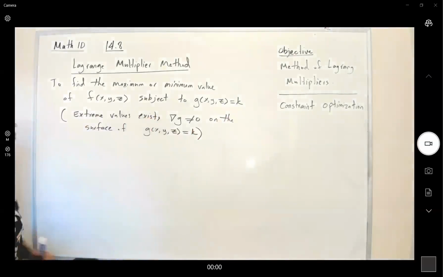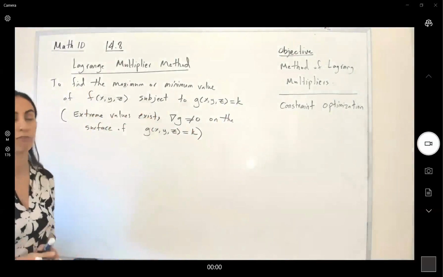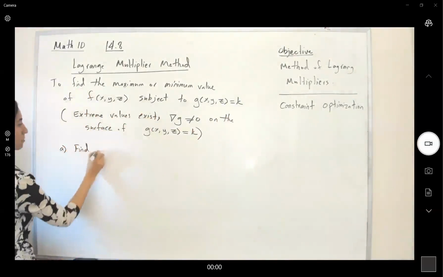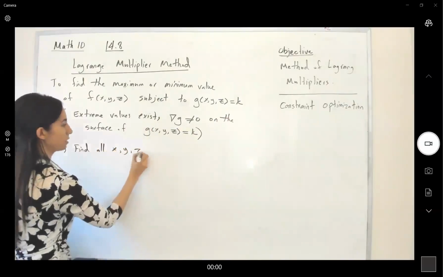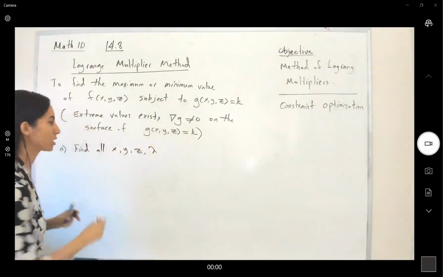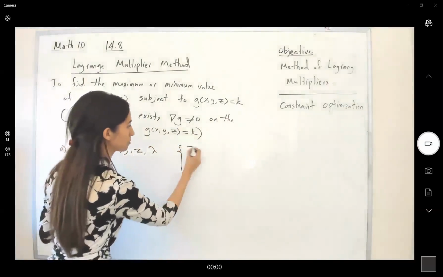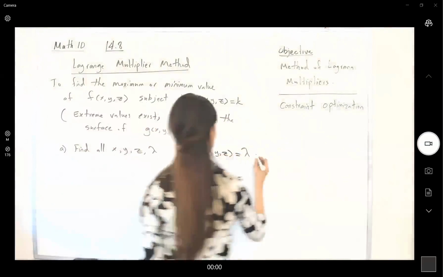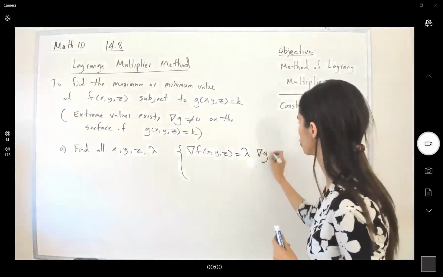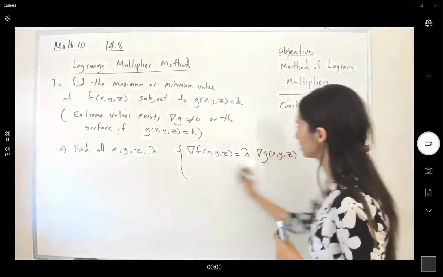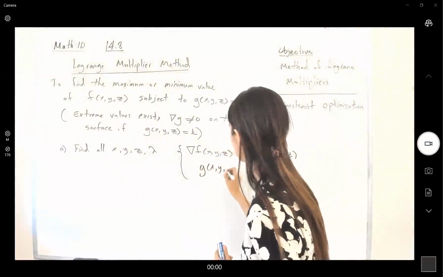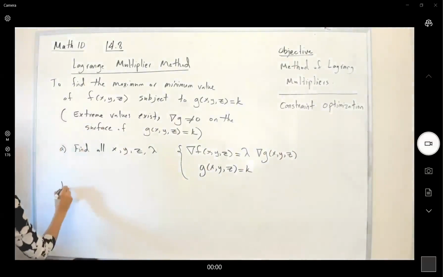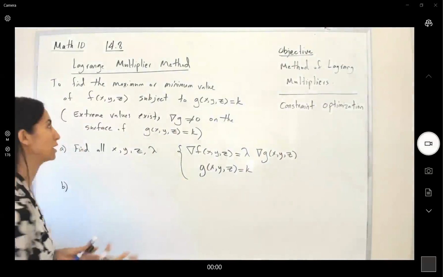If you have these conditions, to find the maximum or minimum value of function f, find all x, y, z, and lambda values by solving gradient f of x, y, z equals lambda times the gradient of g, and using your constraint g of x, y, z equals k. After finding all of these values, we plug those into the function.